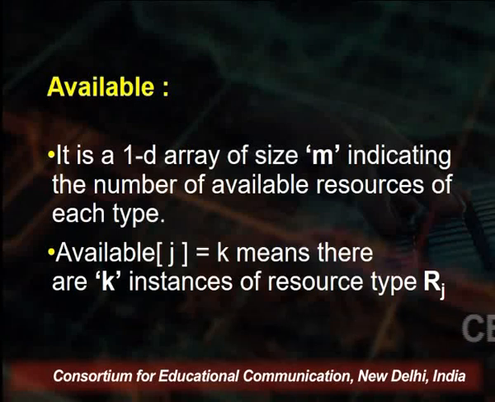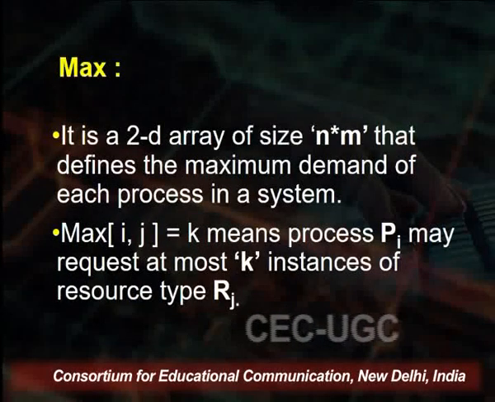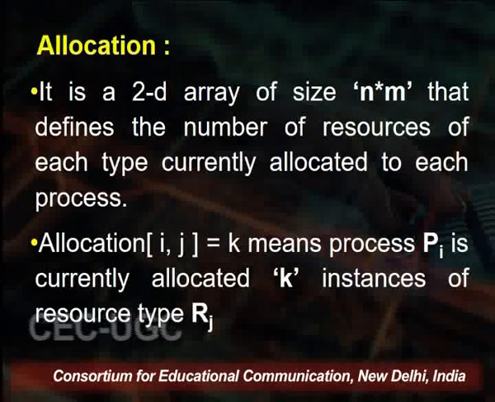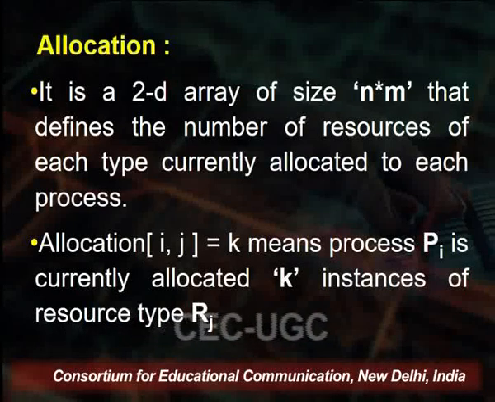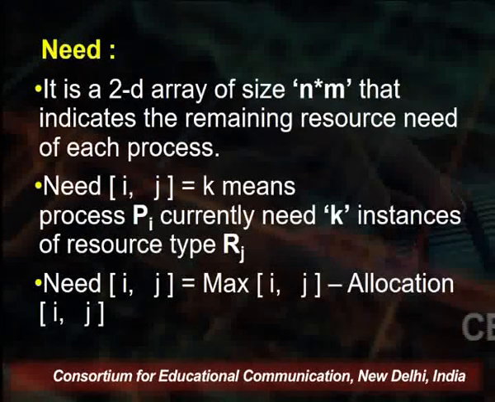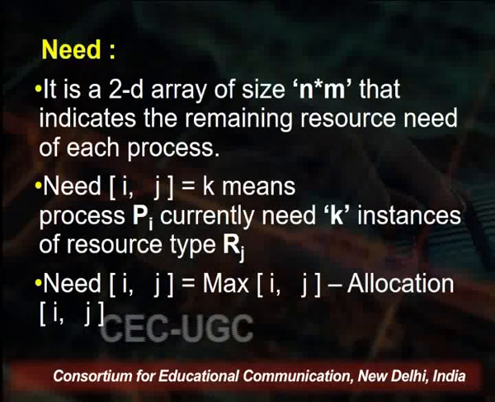As you must have guessed by this time, we have some availability, we are looking into some maximum demand which is being put in by a process. We are also looking at what is currently allocated to the process, and what need is left, I mean how much requirement is left.